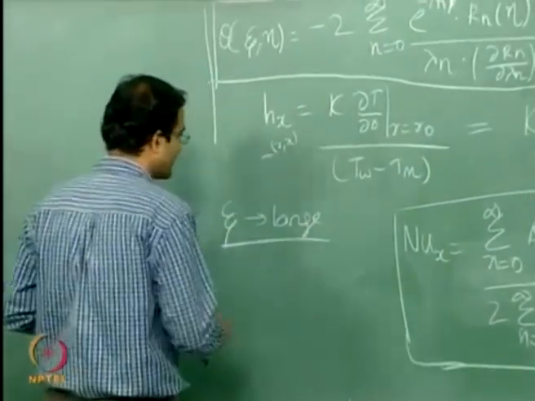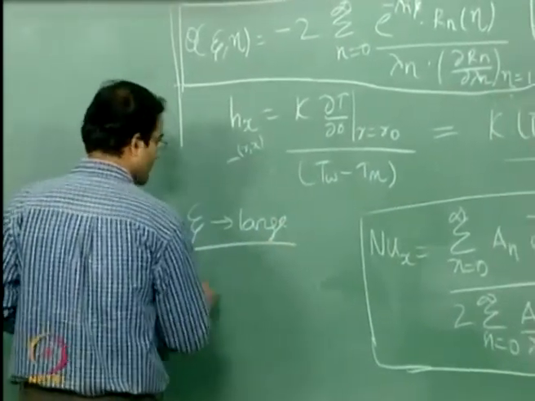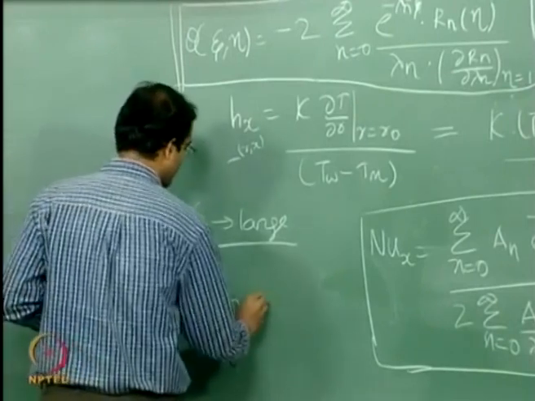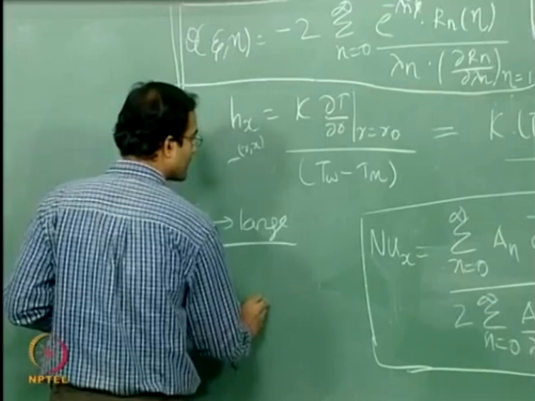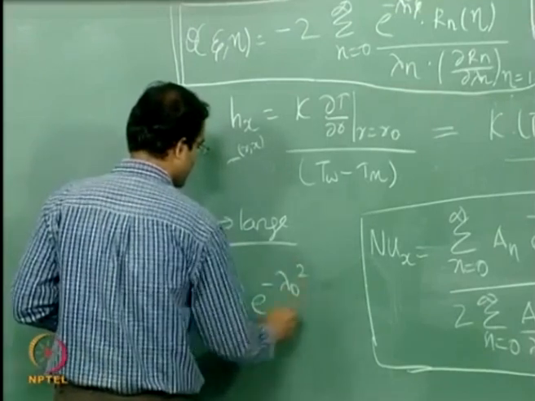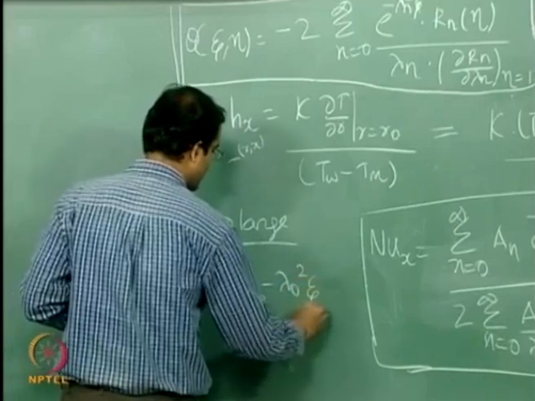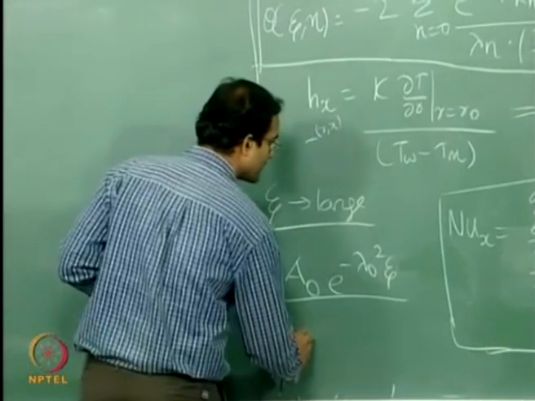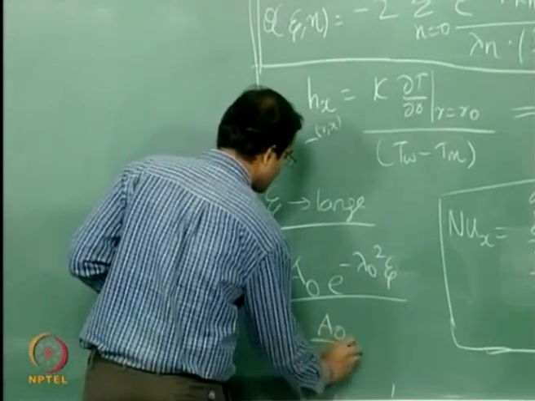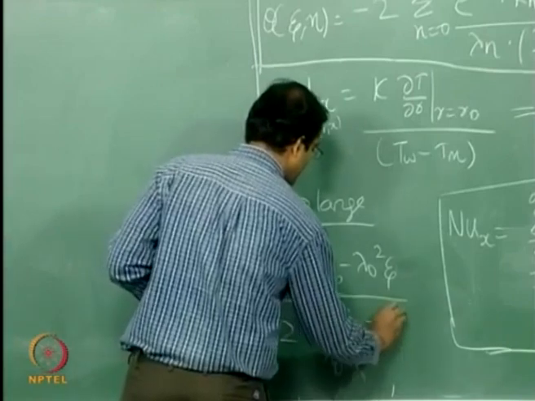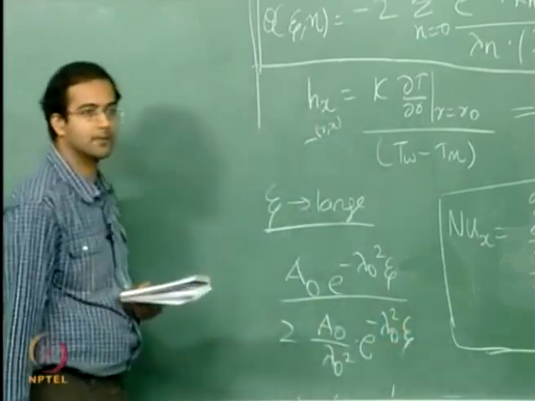So this will reduce to a naught into e power minus lambda naught square into something very large, divided by 2 times a naught by lambda naught square into e power minus lambda naught square zeta.